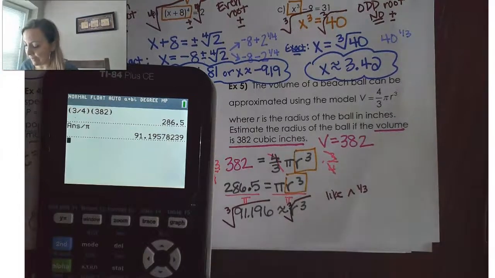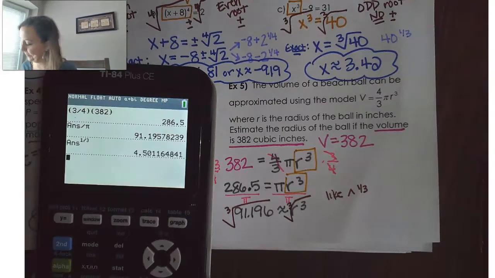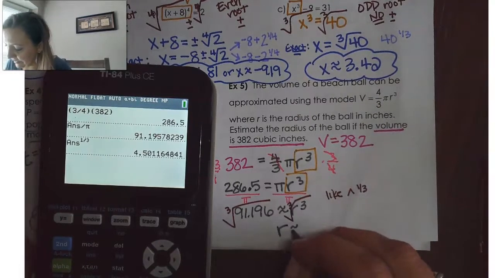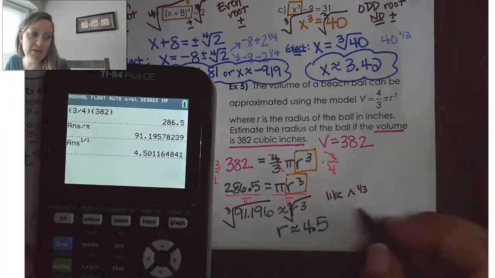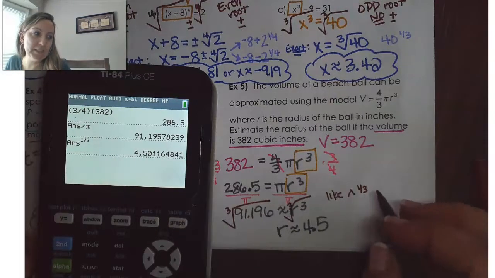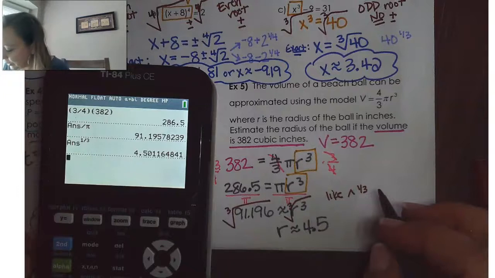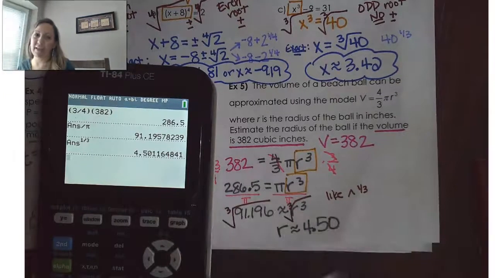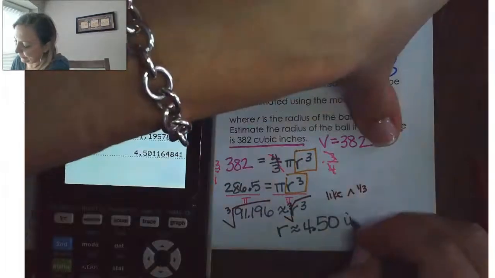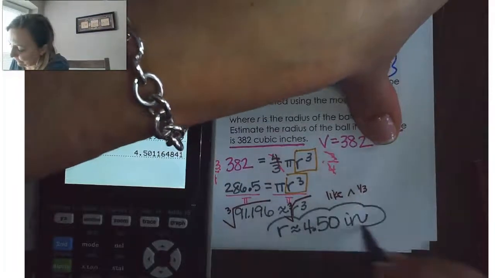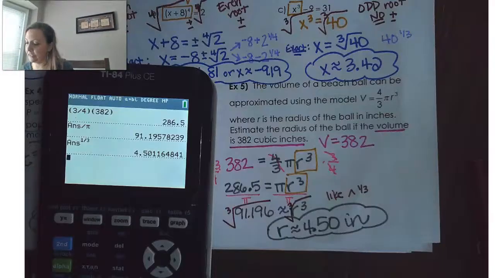So I'm going to just take the answer and raise it to the 1/3. And what I find is that r is about 4.5. Are we rounding to the nearest hundredth still? It doesn't say, but if we're doing the nearest hundredth, I know it's annoying to have the 0 there, but it's appropriate. So r is going to be about 4.50 inches.